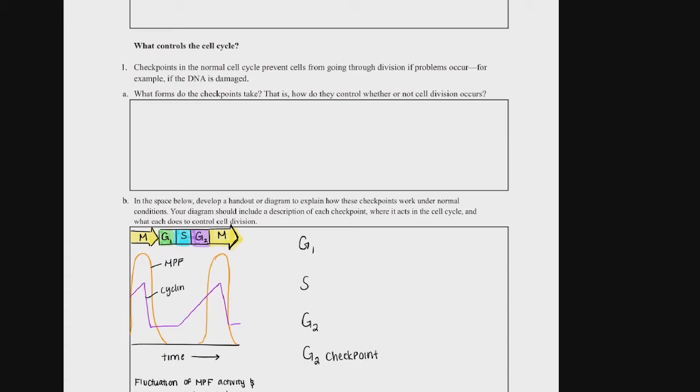So there are many different checkpoints that occur in interphase, which comes before prophase. They're called G1, G2, and M phase checkpoints. And they are controlled by CDKs, which are known as cyclin-dependent kinases.